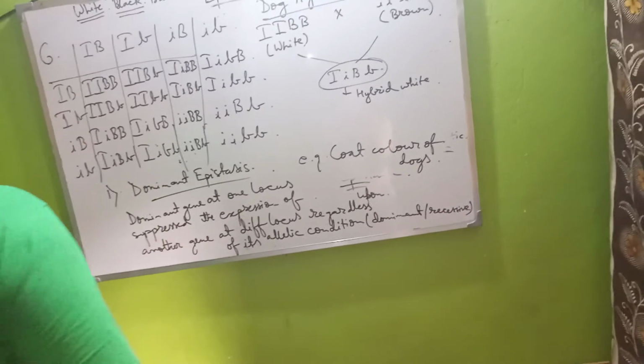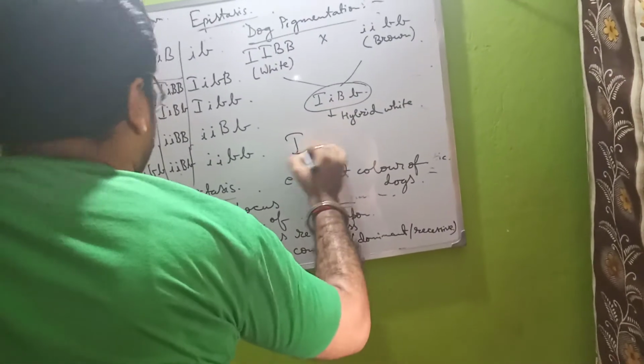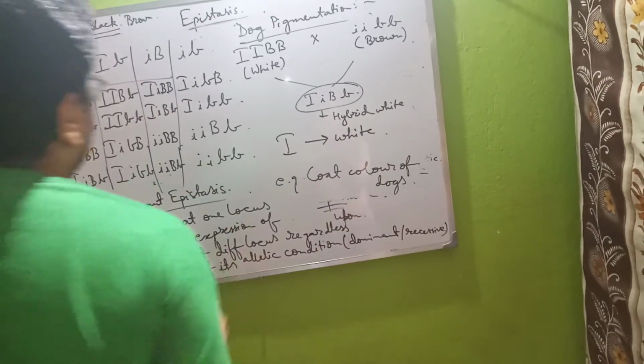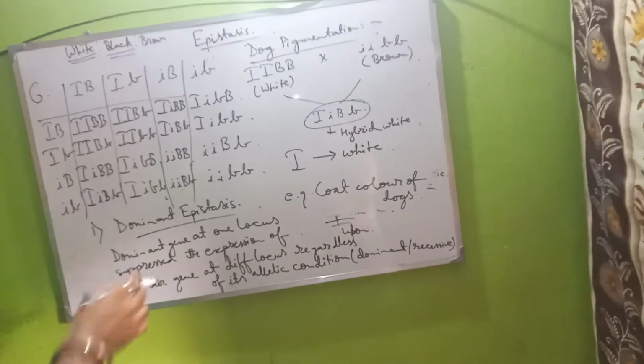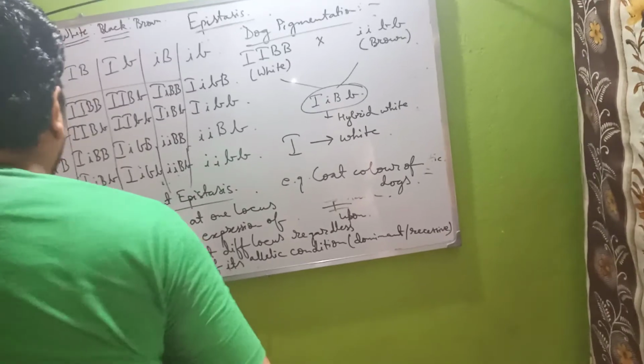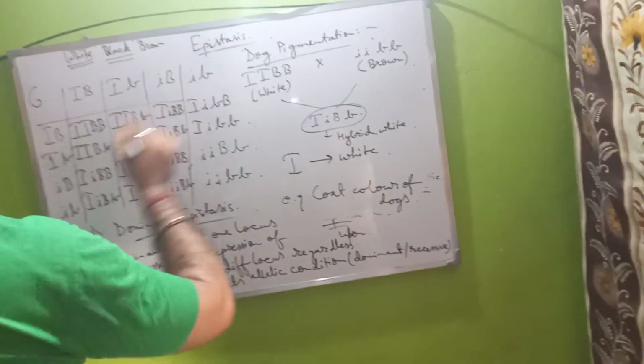So how can it be proved? Capital I is the white, which is dominant, so it will always be masking the capital B gene, not allowing it to express.